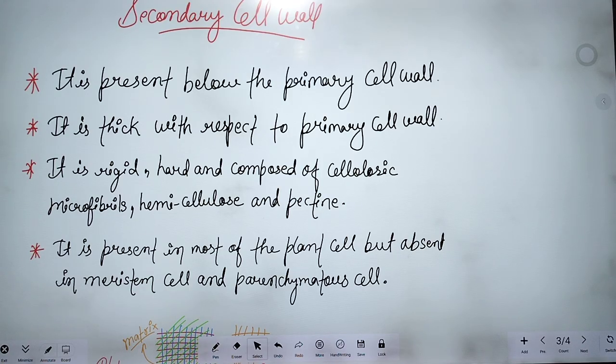Okay, and its composition is the same as the primary cell wall, made up of cellulosic microfibril, hemicellulose and pectin. Our next point is that it is present in most of the plant cells but absent in the meristem cell and the parenchymatous cell. Okay, so it is present in most cells, but there are 2 exceptions, that is the meristem cell and the parenchymatous cell.